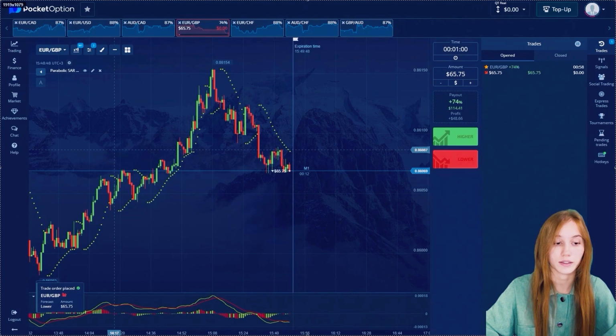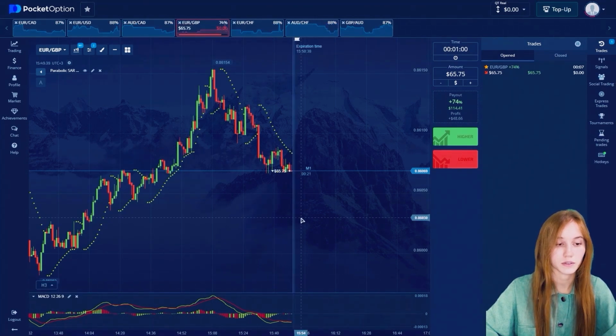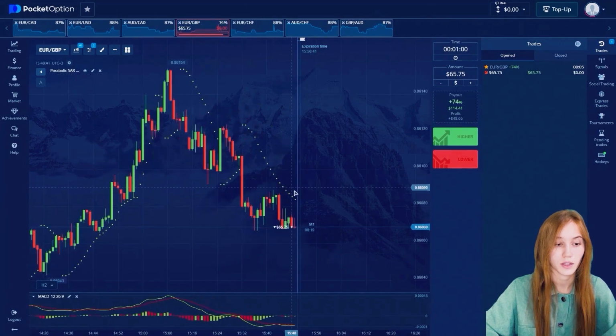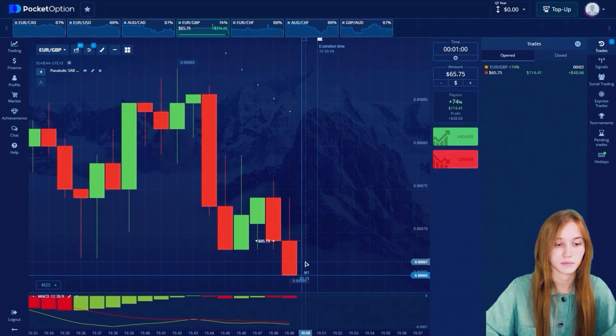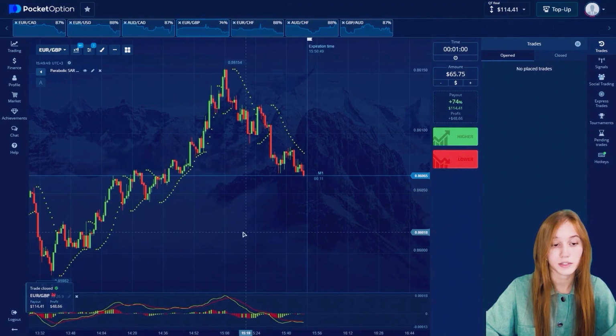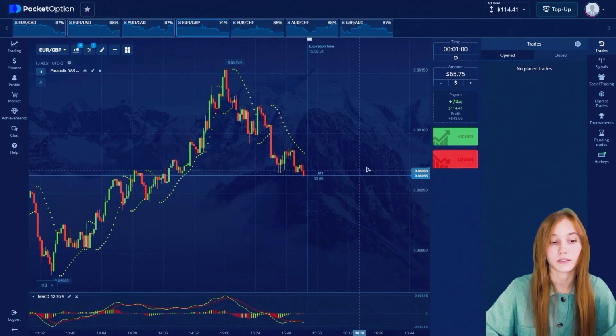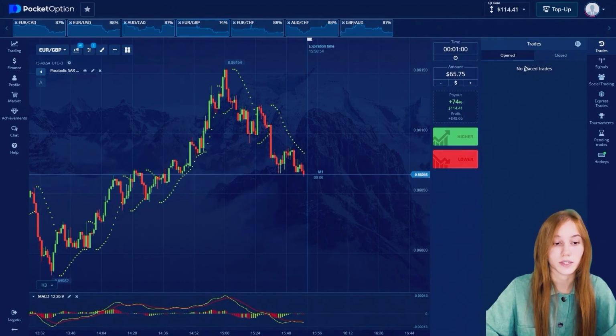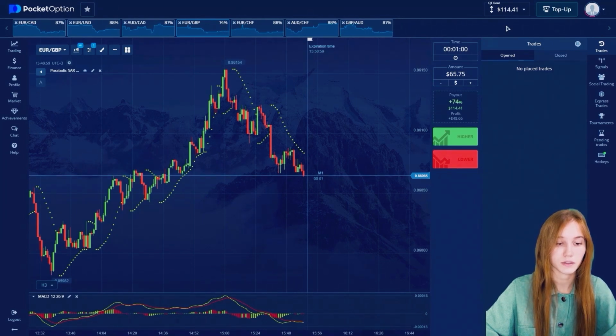We have 3 candles decreasing. So 5 seconds, of course. Yeah, plus deal. Profit is $48. $10 was what we started with, and now it's more than $100 on our balance. Let's move on.